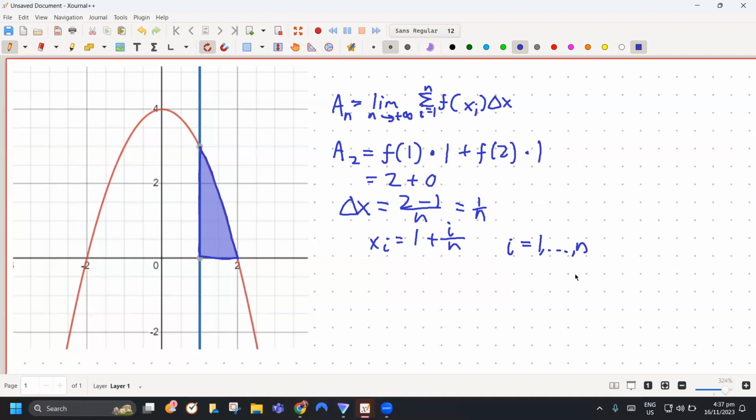Pag circumscribed rectangle, magbabago yung parameterization. I-drawing mo yung isang inscribed rectangle, tapos i-point out mo, nasaan yung xi?